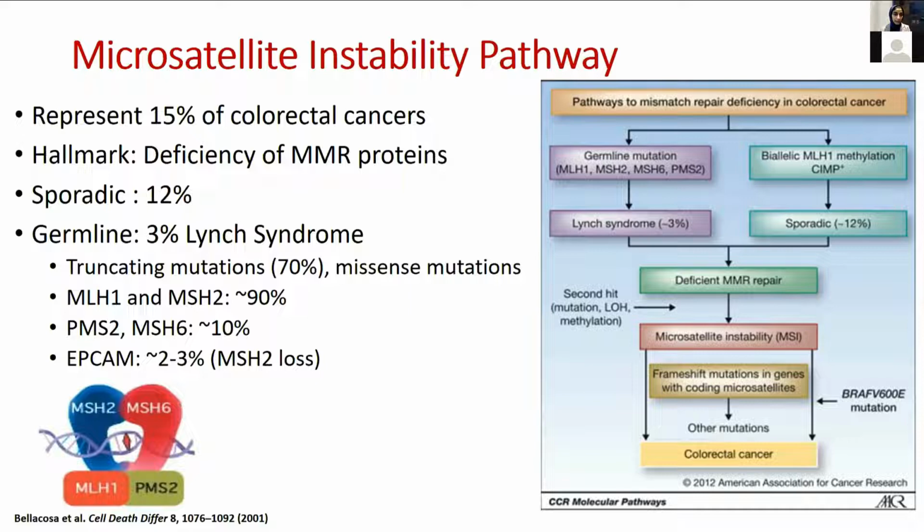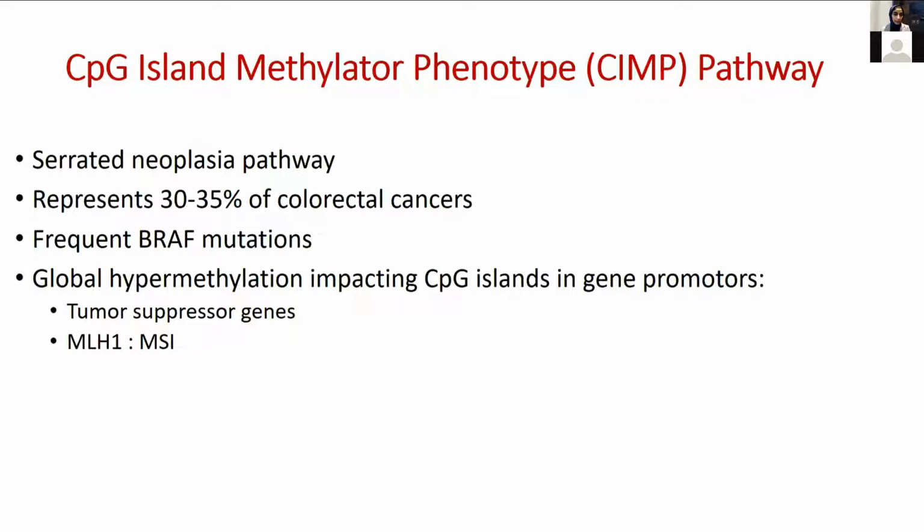The third pathway, the CIMP pathway, is also called the serrated neoplasia pathway, and it represents 30 to 35% of cases of colorectal cancer. It's characterized by frequent BRAF mutation as an early event, as well as global hypermethylation impacting CpG islands and gene promoters, leading to silencing of those genes.